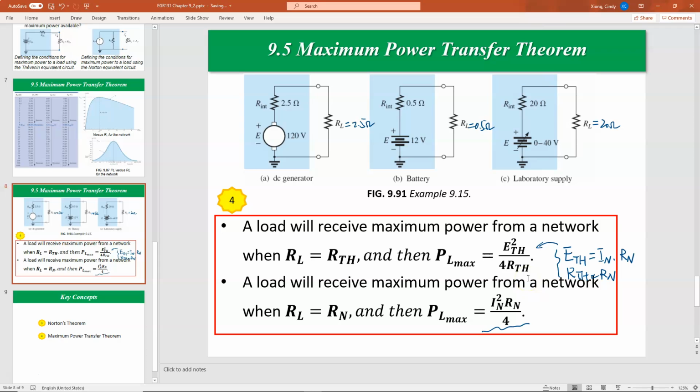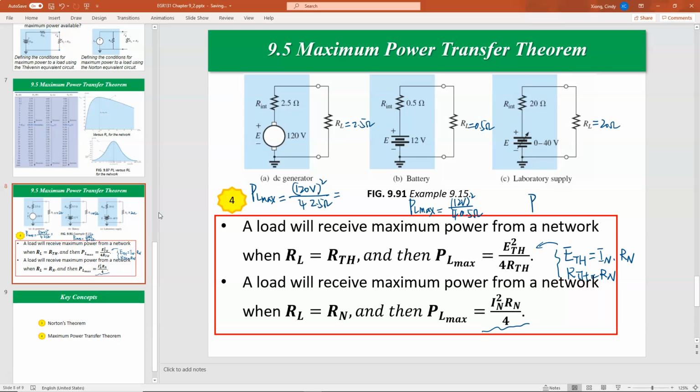Okay, for this example, PLMAX, with E being our ETH here, is 120 volts squared over 4 RTH, where RTH is 2.5 ohm. This will be our maximum power. For the second example, PLMAX equals ETH squared, 12 volt squared, over 4 times RTH, which is 0.5 ohm here.